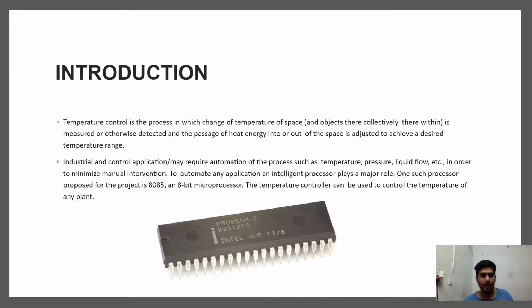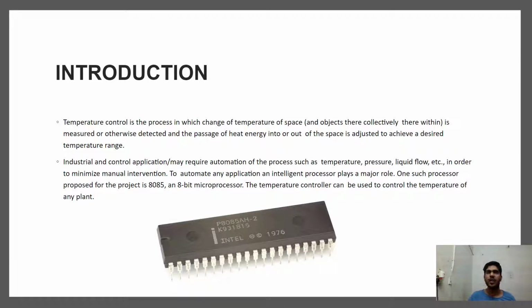What we're trying to solve here is an automated system that takes care of this temperature control without human intervention. For that we require the 8085 microprocessor, which essentially replaces a human, and it takes in the reading from the sensor. It analyzes whether the temperature is at the desired level or different.